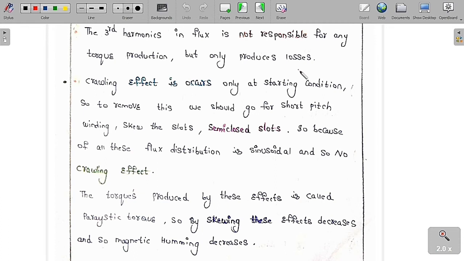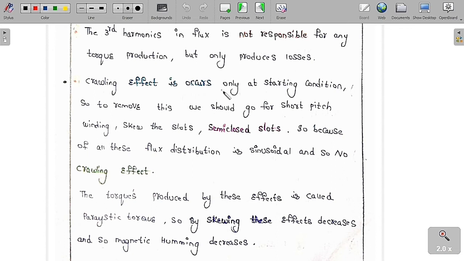But as these are fluxes, whenever the rotor is rotating, this flux cuts the rotor, so a dynamically induced EMF is produced. Currents are produced, which are called eddy current losses. So they never produce torque, but they produce losses.